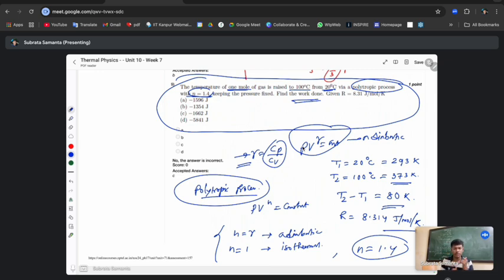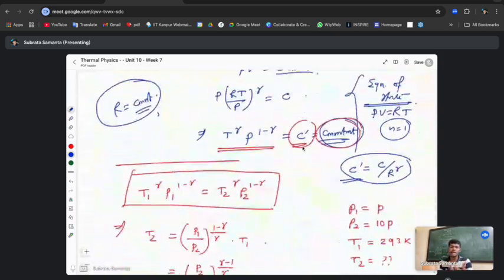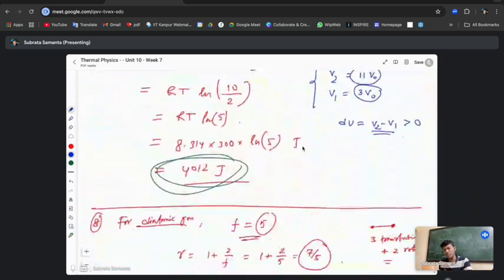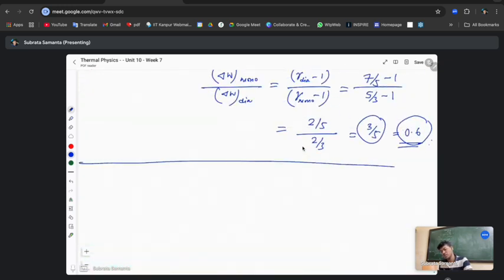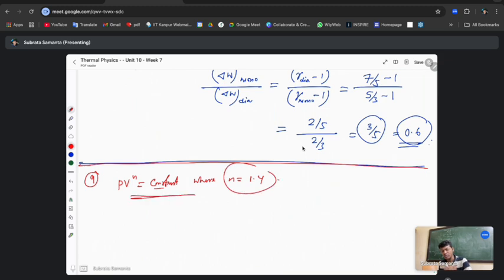Yeah, so how to calculate? Again, the same procedure, right? We know that dW equals minus PdV, and we need the equation of the process and the equation of state, which is the ideal gas equation, right? So the process is PV to the power n equals constant, where n equals 1.4, right?